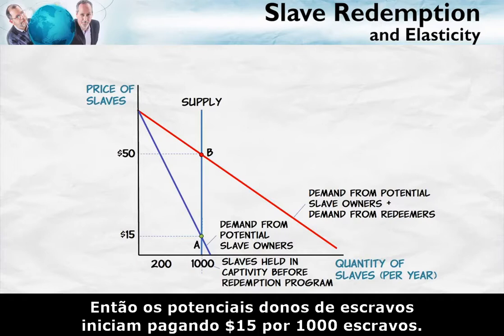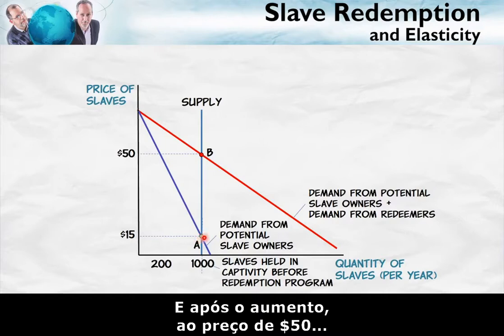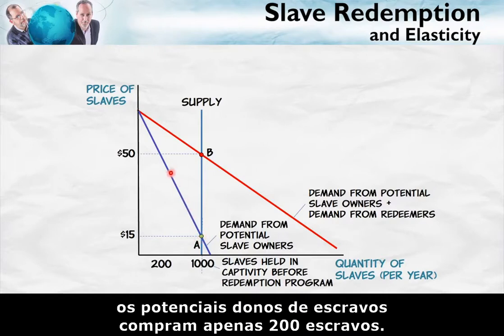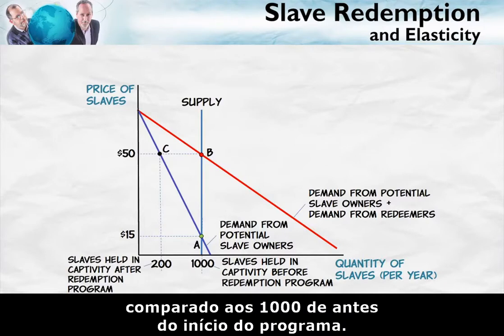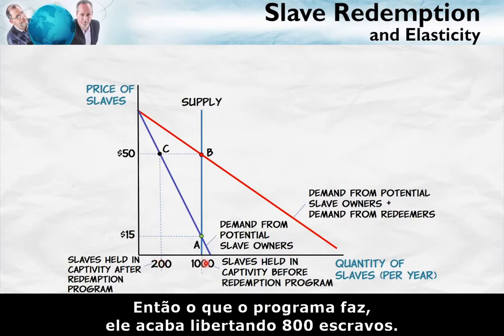So the potential slave owners start off at a price of $15, buying 1,000 slaves. At the higher price of $50, the potential slave owners only buy 200 slaves. So 200 slaves end up being held in captivity after the redemption program per year, compared to 1,000 before the redemption program. So what the redemption program does is it ends up freeing 800 slaves.